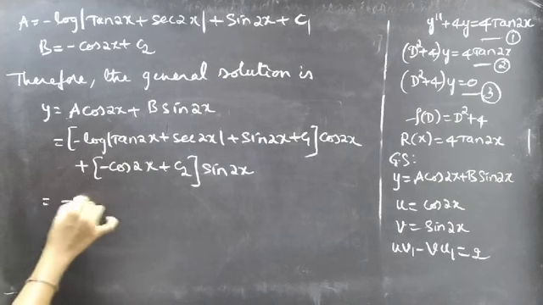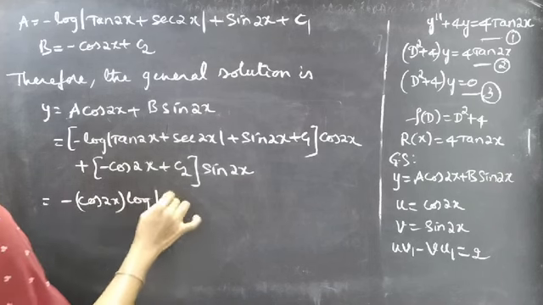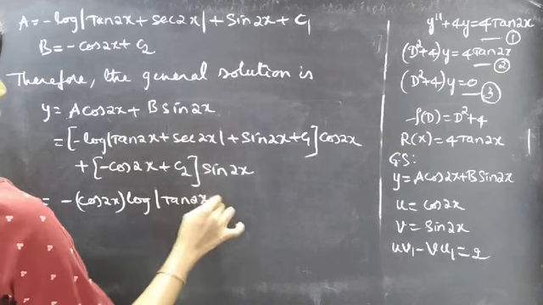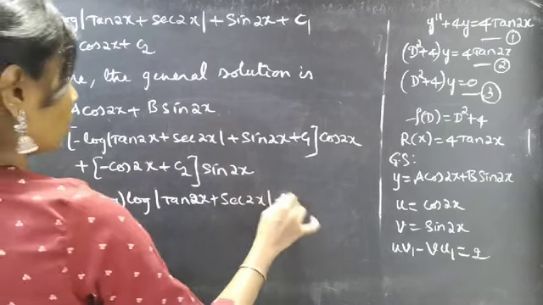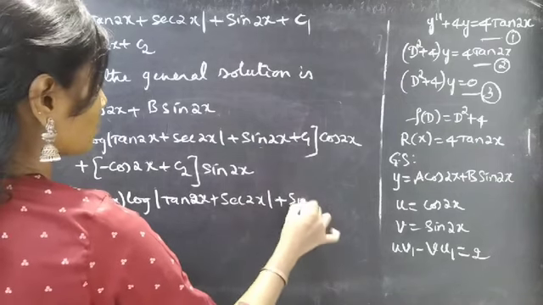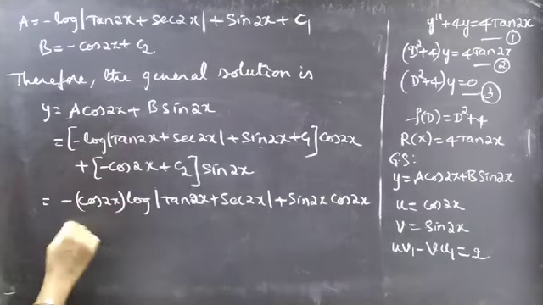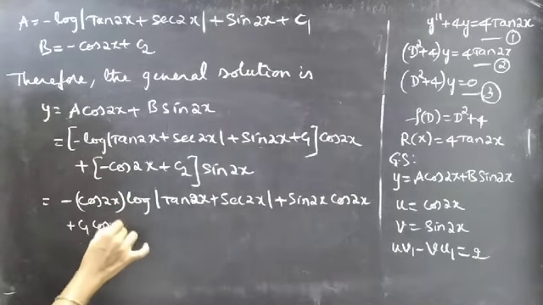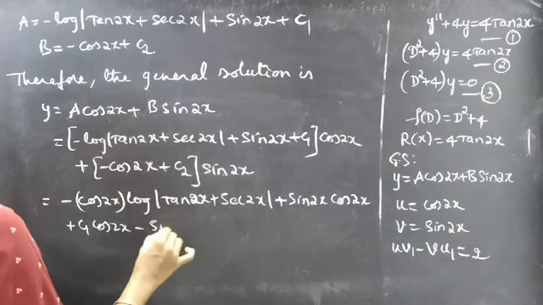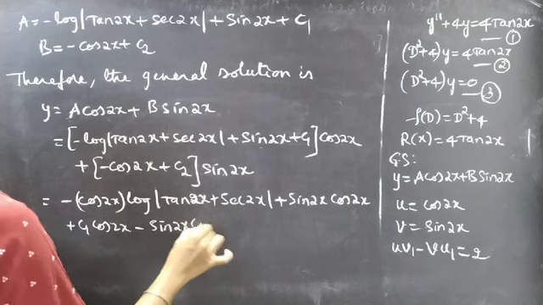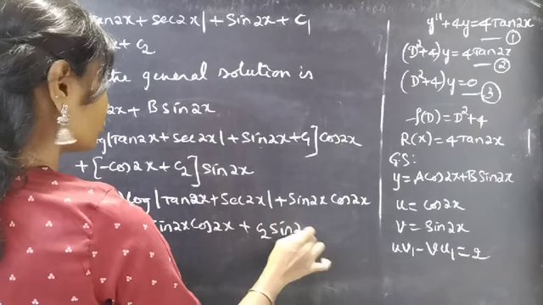This becomes minus cos 2x into log mod tan 2x plus secant 2x, plus sin 2x into cos 2x, plus c1 cos 2x, plus, into minus cos 2x into sin 2x is minus sin 2x into cos 2x, plus c2 sin 2x.